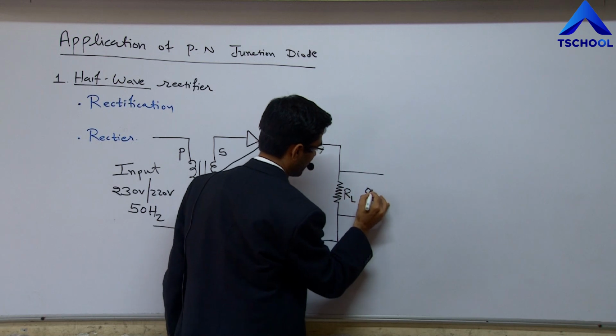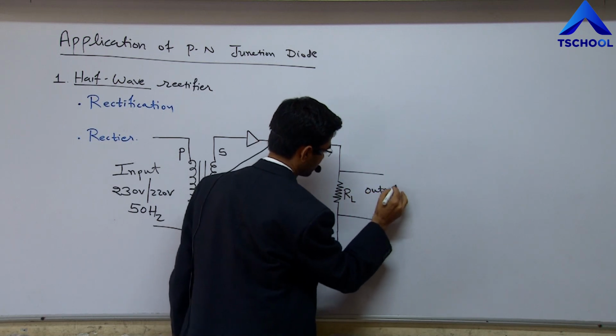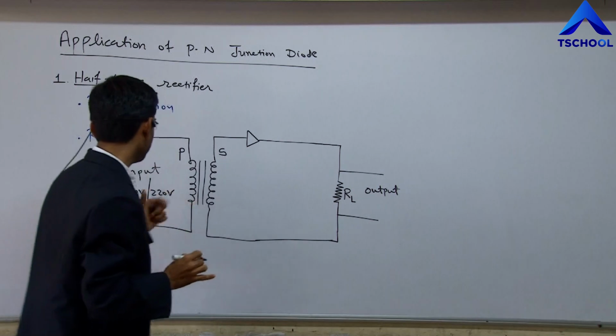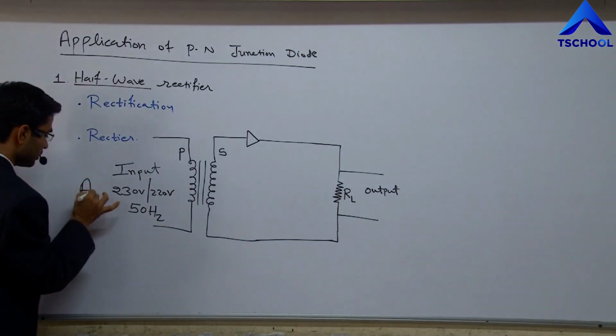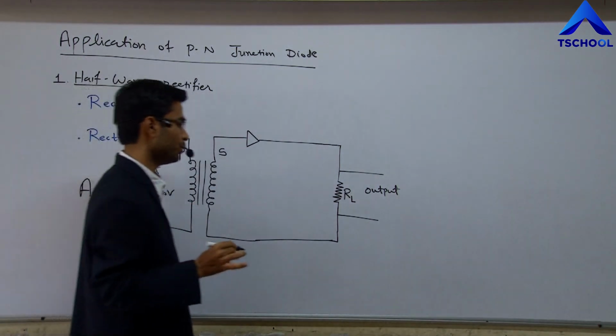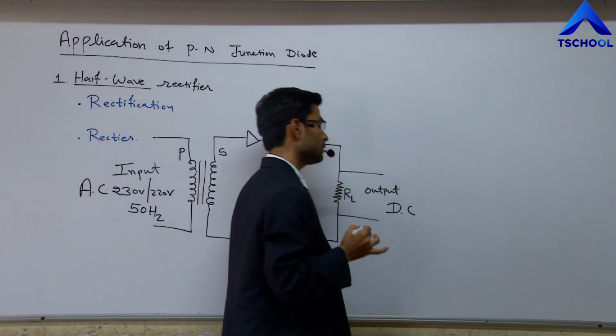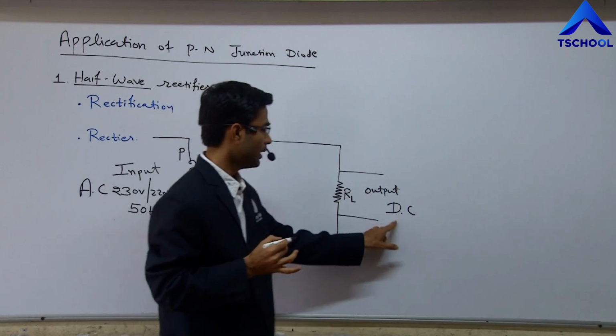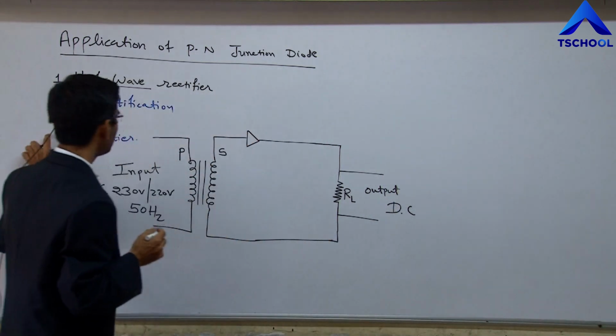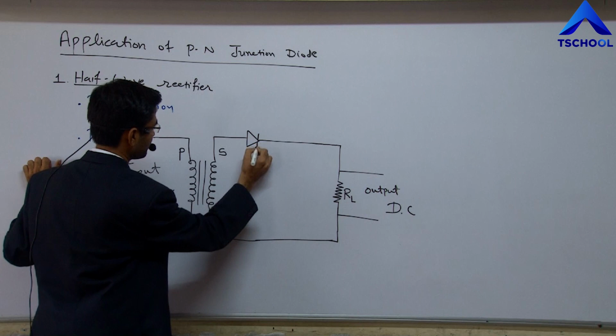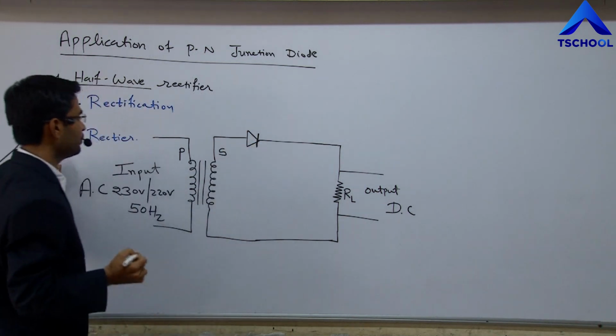Here, the input is AC, alternating current, and the output we need is DC current. The output of the rectifier circuit is direct current. Here is the half wave rectifier.